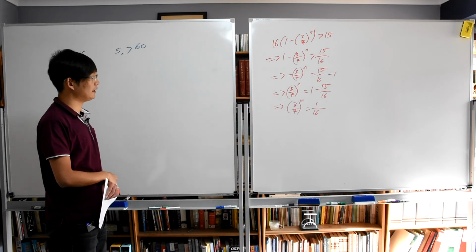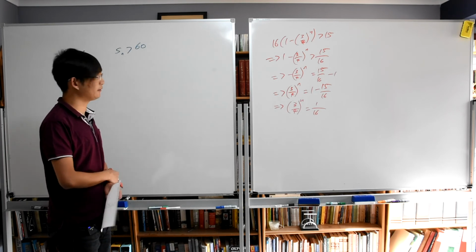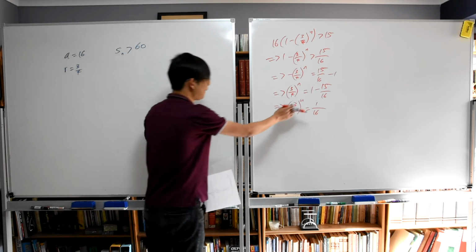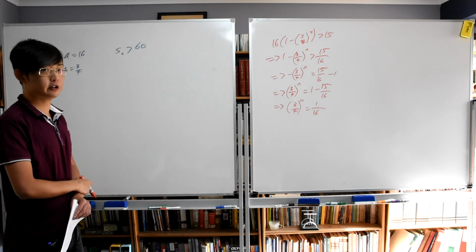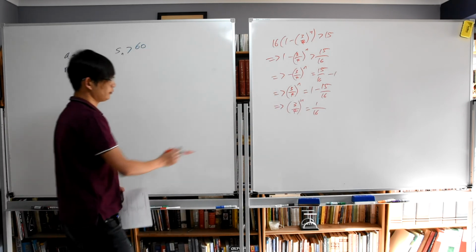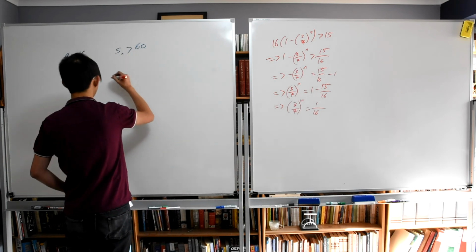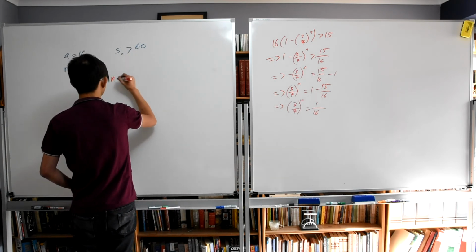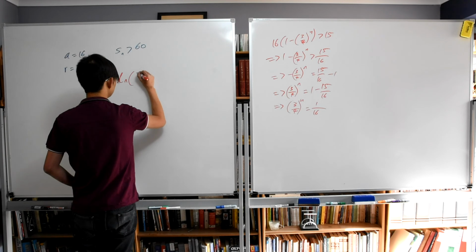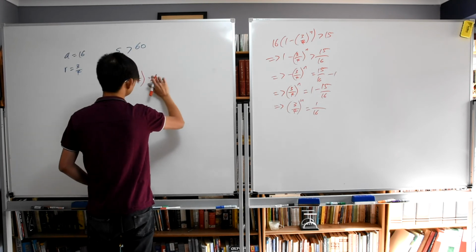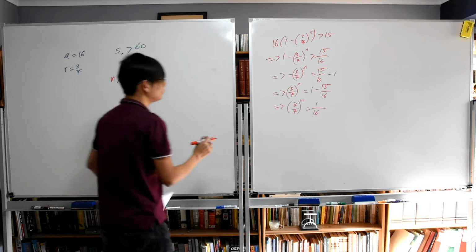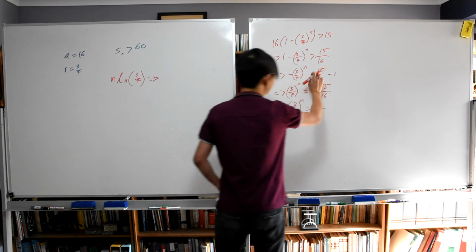Because now we have the unknown, the number of terms, the n value being a power, we need to solve for the power. For that, we're going to invoke the use of logarithms. To bring the power down, we just simply log both sides. Oh, whoops, this was meant to be a greater than.